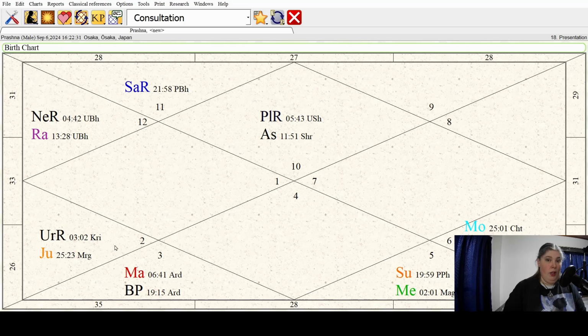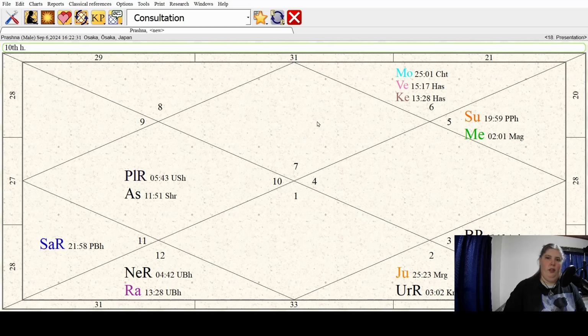So now, to get the pada of that 12th house, we have to count 6 more places from Jupiter. So 1, 2, 3, 4, 5, and 6. So the pada of that 12th house becomes the 10th house, the sign of Libra. So then you're going to make Libra the ascendant.